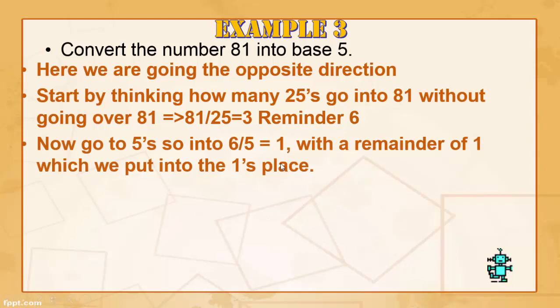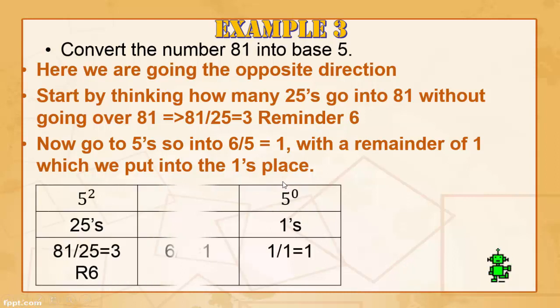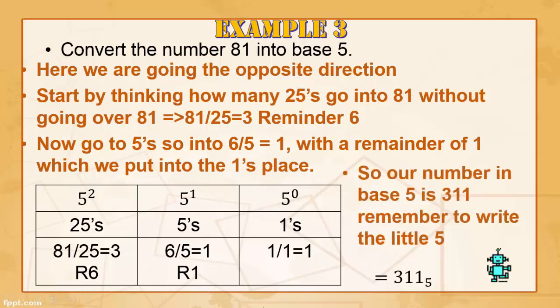So we take this 6, we divide that by 5, and we see that 5 goes into 6 one time with a remainder of 1, which now we take and put in the 1's place. So here's our summary of the table that we just did on the whiteboard. And notice that when we're talking about base 5 and we converted it into base 5, we must put this little 5 here. Otherwise, it will be base 10, which is not what it means.